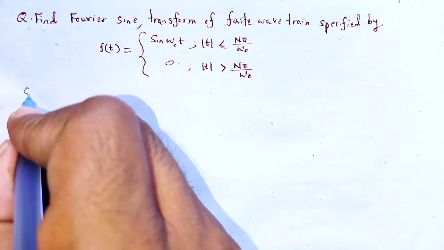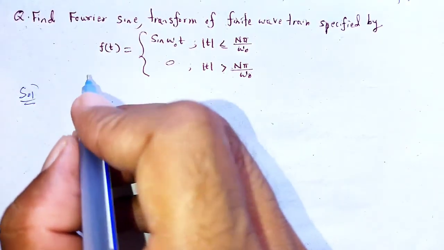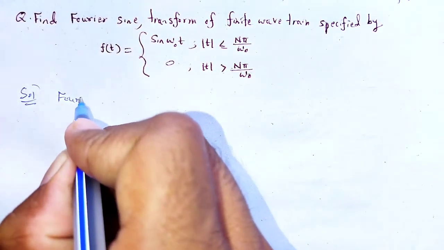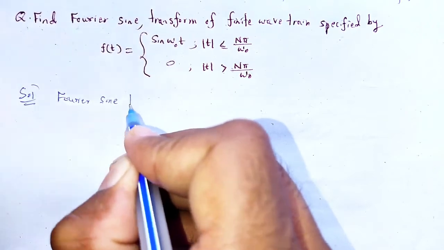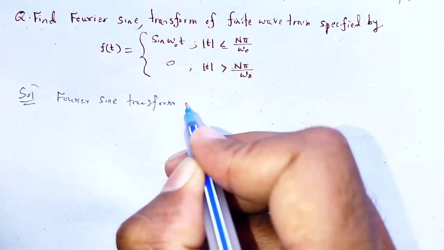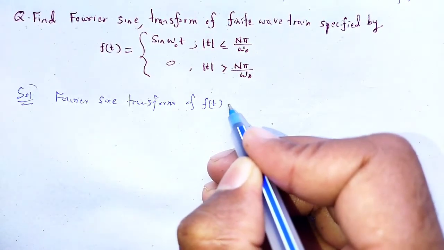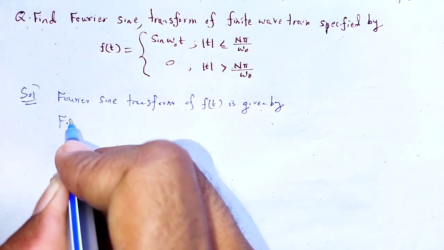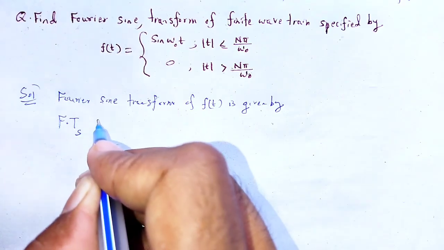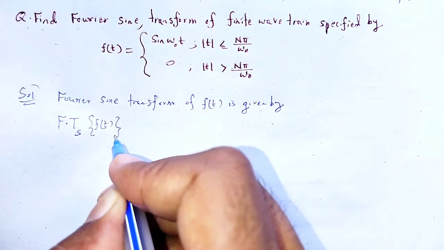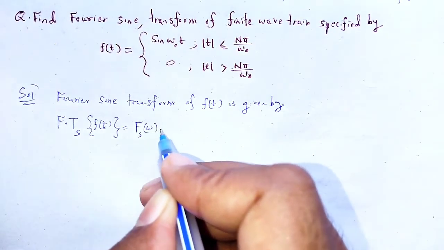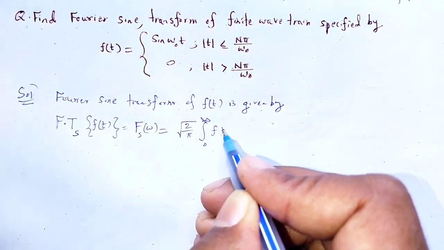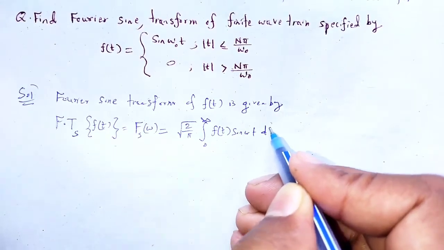Fourier transform, solution: the Fourier sine transform of the function f of t is given by the Fourier sine transform f s of omega, that is under root of 2 by pi, integration over 0 to infinity of f of t sin omega t dt.